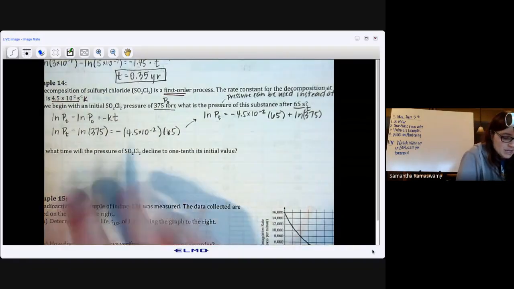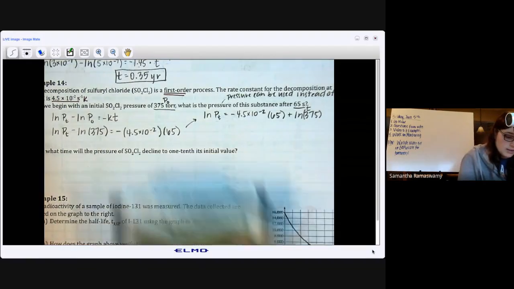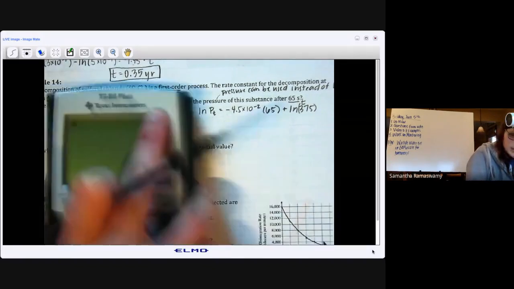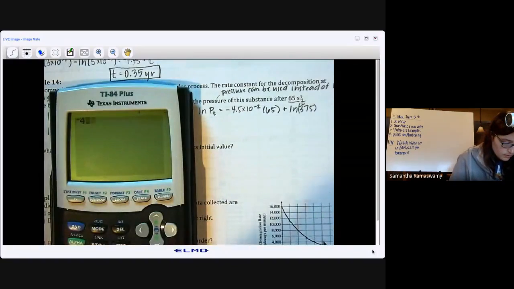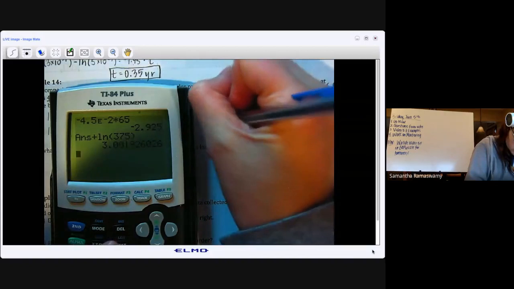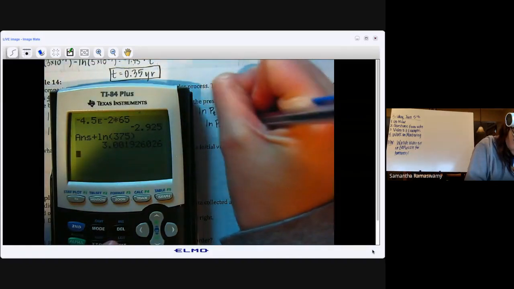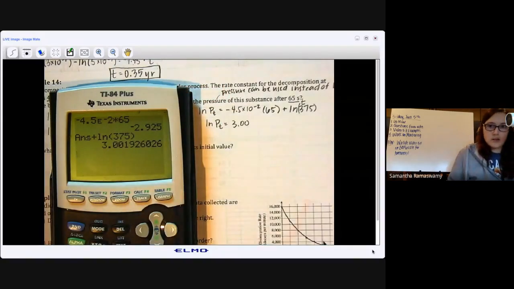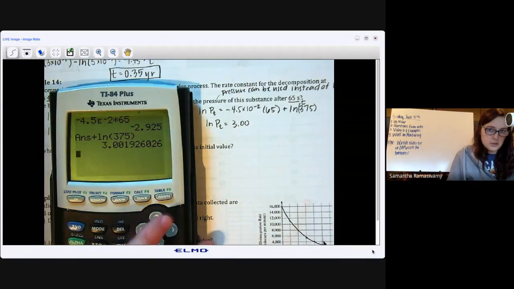It's minus ln, so I'm just adding it to the other side. So in my calculator, I'll go ahead and do negative 4.5 e negative 2 times 65 plus ln of 375. So the natural log of pressure after some time is 3.00. Again, that's not our answer. We have to get pressure, not natural log of pressure.